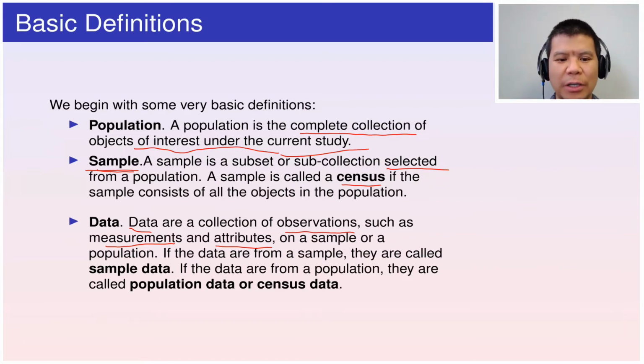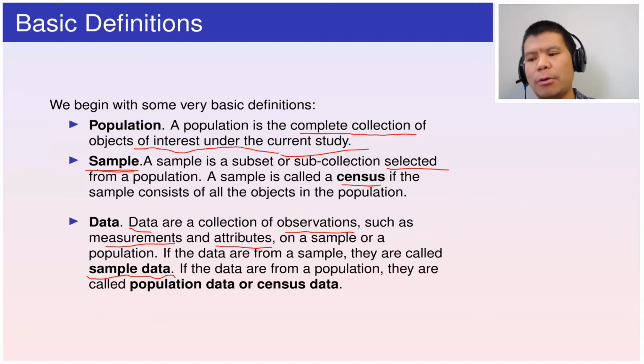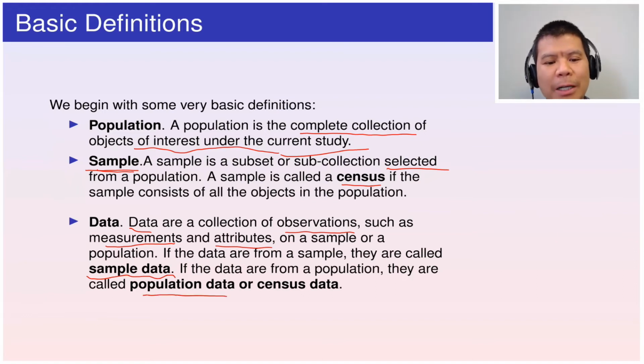Now, if the data are from a sample, they are called sample data. If the data are from a population, they are called population data or census data.